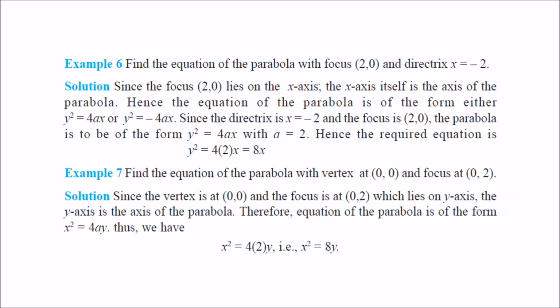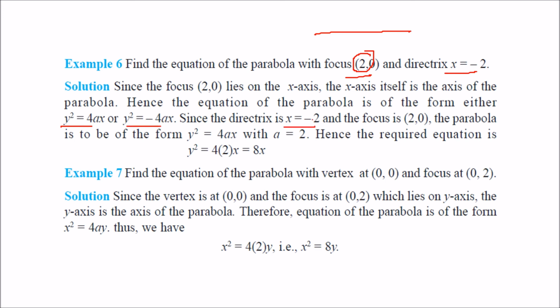Now find the equation of the parabola with focus (2, 0) and directrix x equal to -2. This focus is at (2, 0), it lies on the x-axis, and the x-axis itself is the axis of the parabola. So the equation is going to be either y square is equal to 4ax or y square is equal to -4ax.